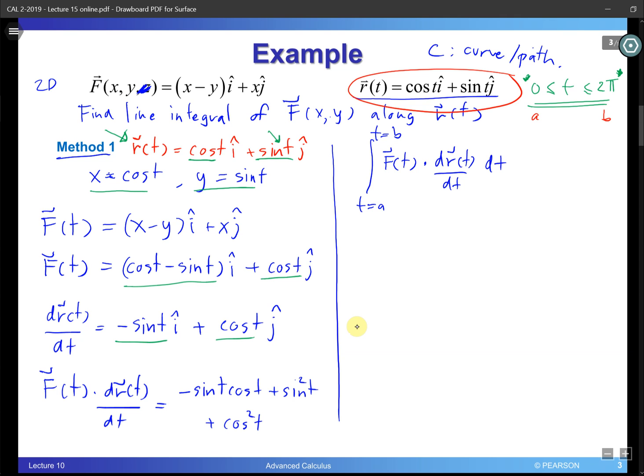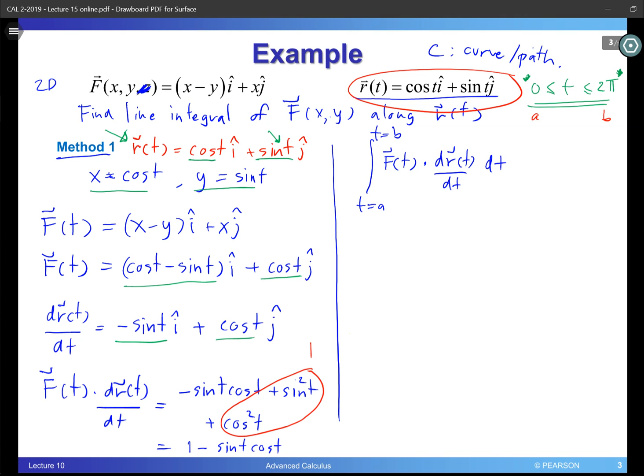Now in the end, this is equal to, well, what about I move to here? Integration. Okay, what about this cosine square plus sine square? This is going to be equal to 1. So what you see here, this is 1 minus sine t cosine t. But from my experience, product of sine and cosine is going to be a little bit tricky to perform integration on.